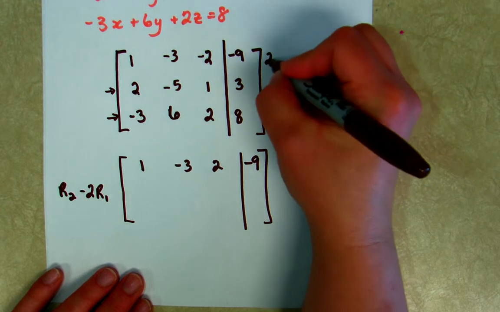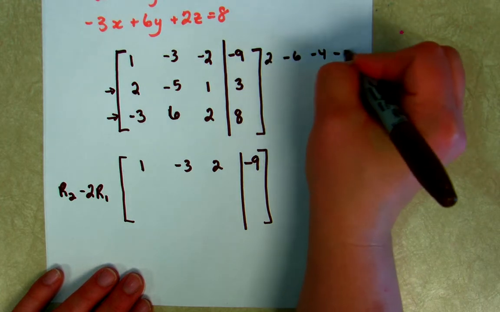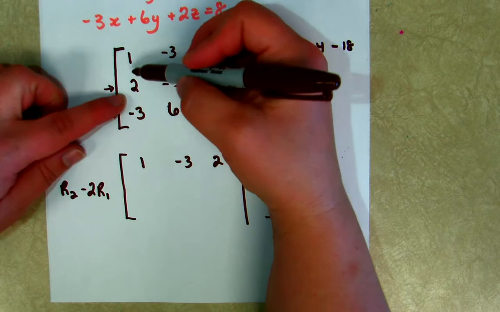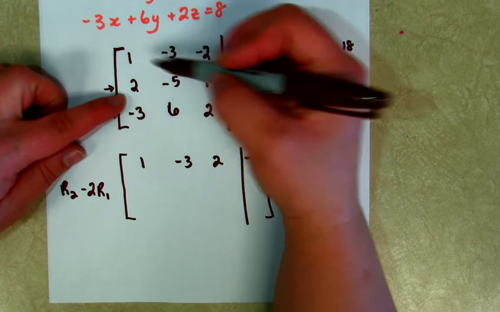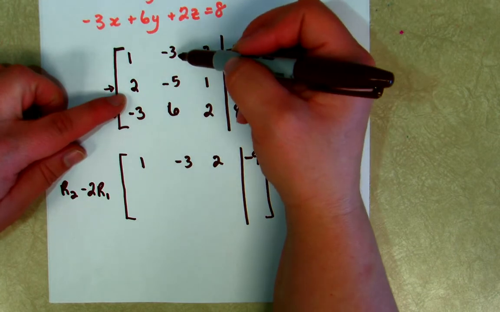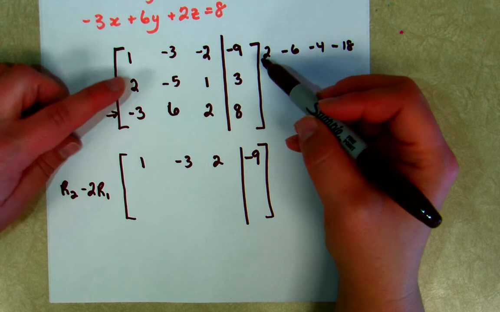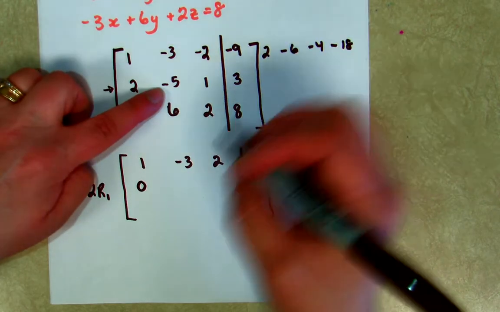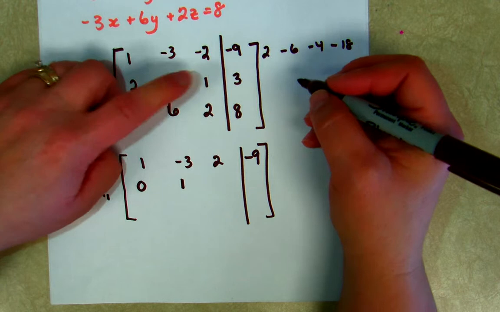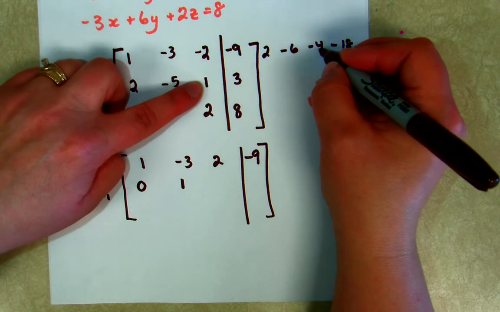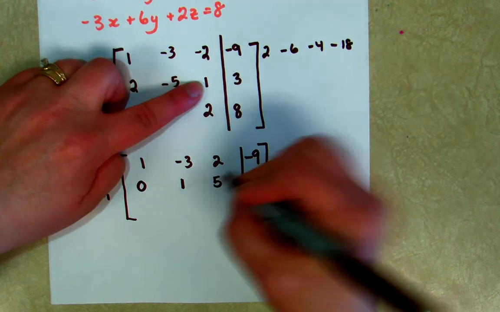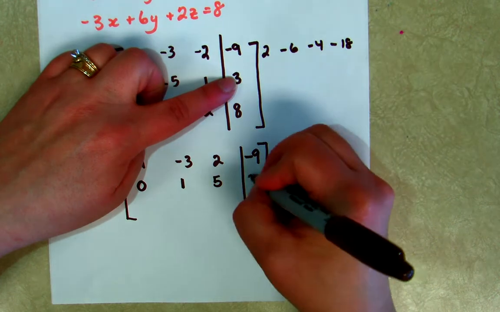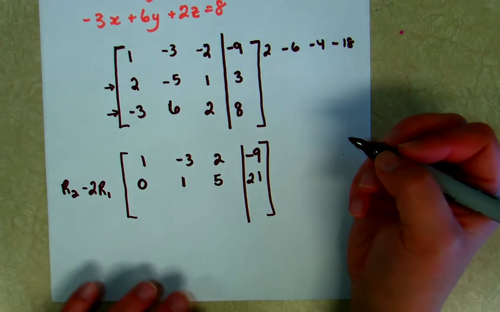Some people prefer to actually multiply this row by 2 off to the side, because now instead of going 2 subtract 2 times 1, negative 5 subtract 2 times negative 3, they can work over here. 2 subtract 2 is 0. Negative 5 subtract negative 6 is positive 1. 1 subtract negative 4 is positive 5. And 3 subtract negative 18 is positive 21.